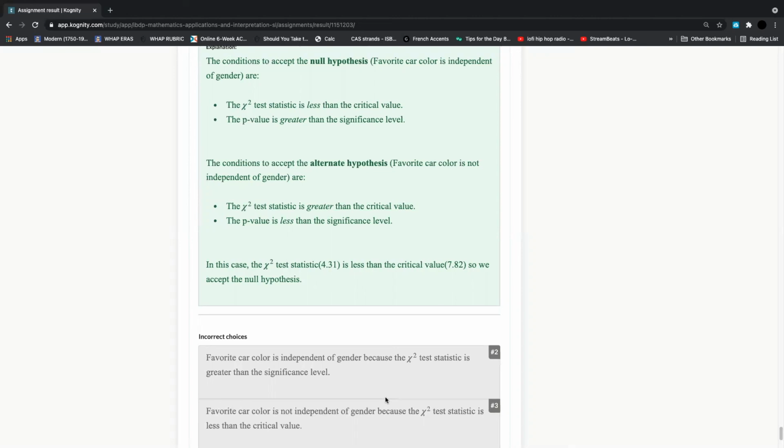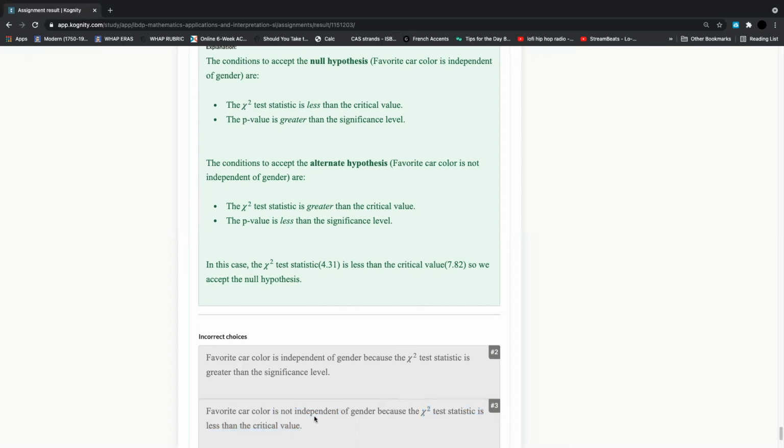If the favorite car color was not independent of the gender, that means the chi-square test statistic has to be greater than the critical value, which isn't our case. The chi-square test statistic is less than the critical value, which means that they are independent of each other.